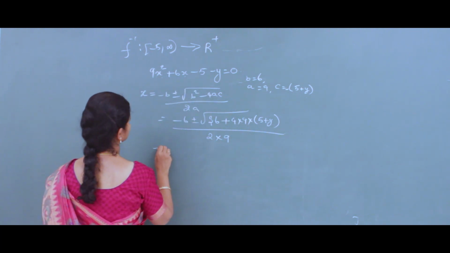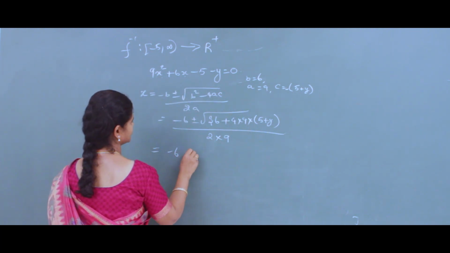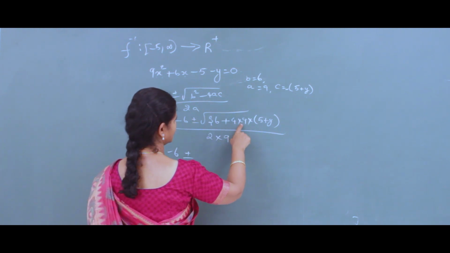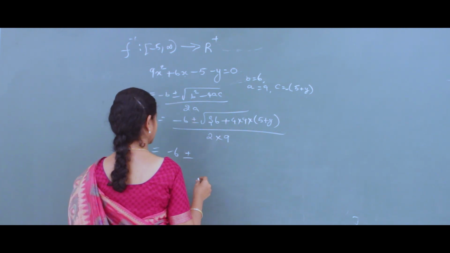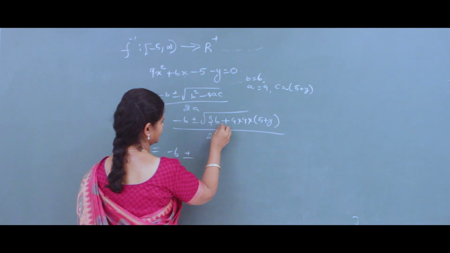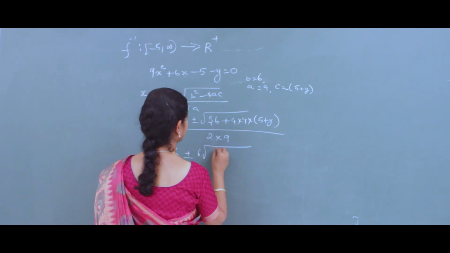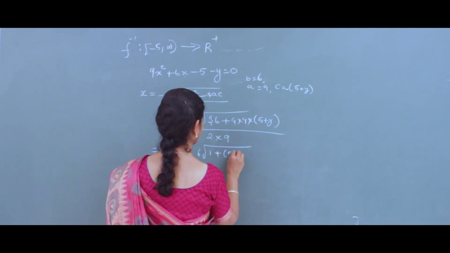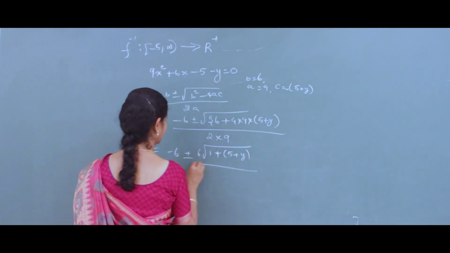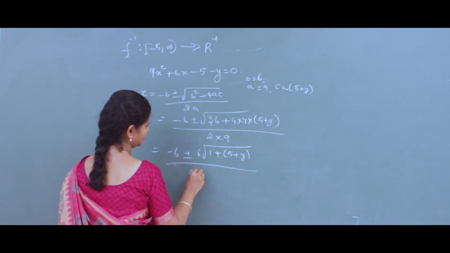So this is minus 6 plus or minus 6 square root of (1 plus 5 plus y), divided by 2 into 9.